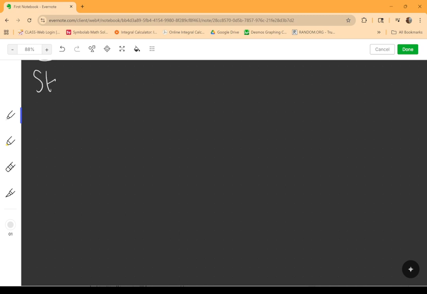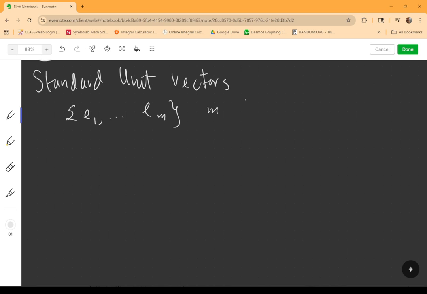So let's say we had E1 to E sub m in R to the m, so we have the entry E sub i. What that notation from the book means is that it's 1 in the ith entry and then 0 everywhere else.